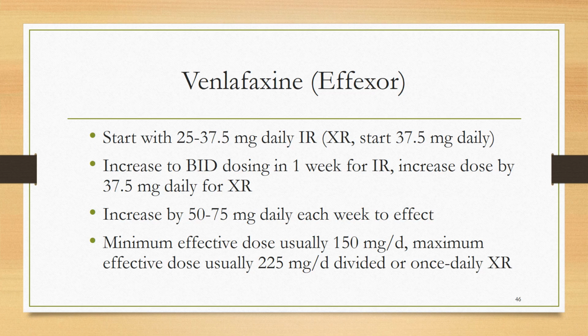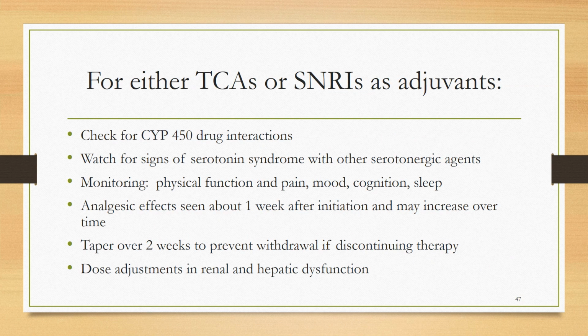Remember that minimum effective dose, and so you're looking for the SNRI component here. And then when using these, you just want to be careful for our CYP450 drug interactions. You want to watch out for serotonin syndrome, especially if they're on something like tapentadol, Nucynta, or tramadol, Ultram, which has serotonergic properties.